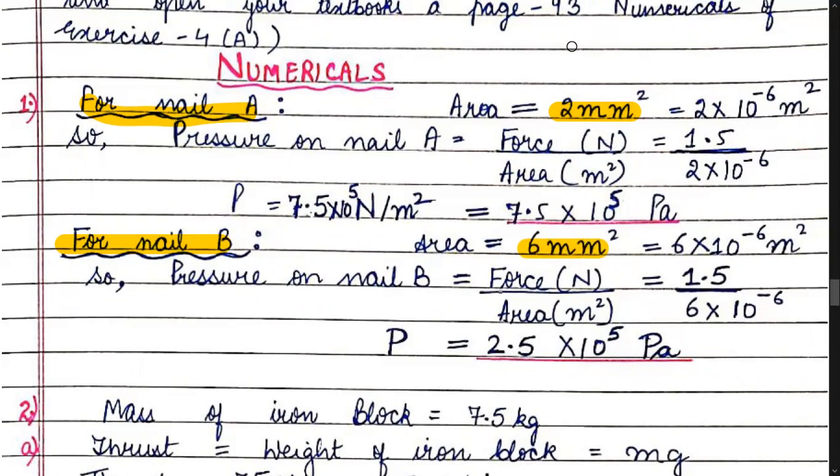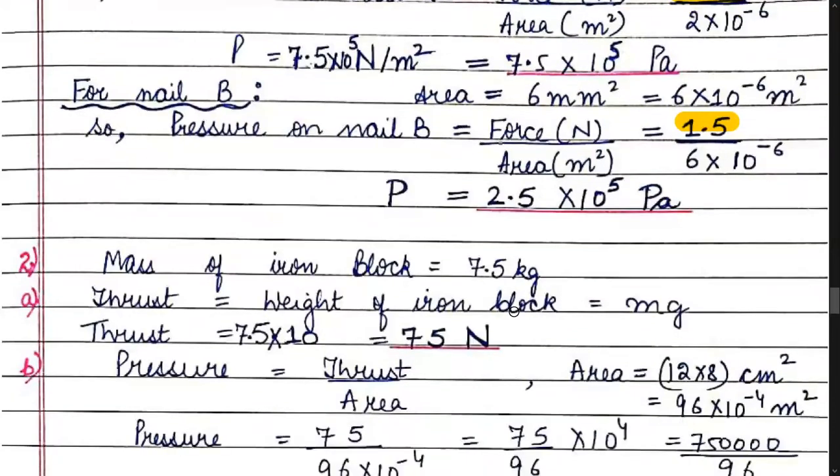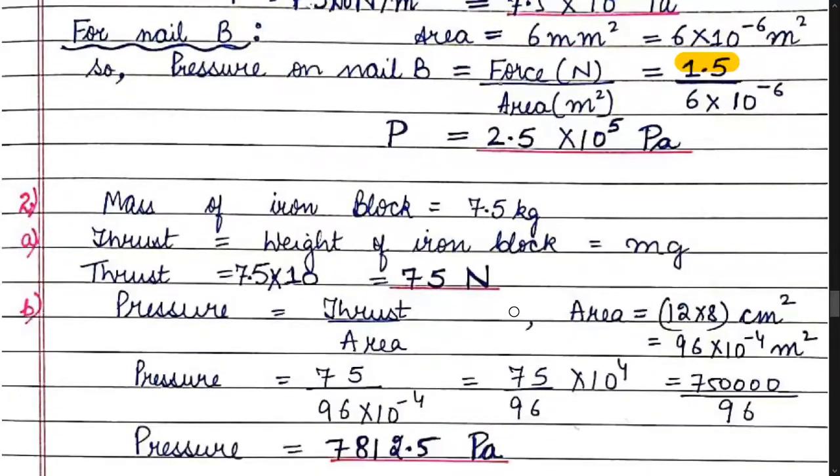So as we have already learned the conversions in our lower classes, millimeter square needs to be converted into meter square. So millimeter square means 10 raised to power minus 6 meter square. And then force was given to you that we are applying a force of 1.5 Newton. Use the formula force upon area, and then you can find pressure applied by the two nails.